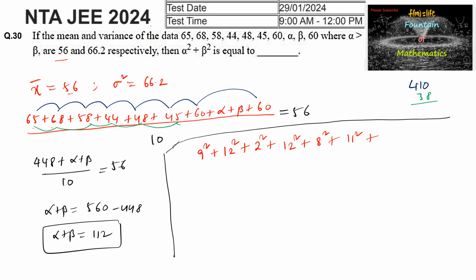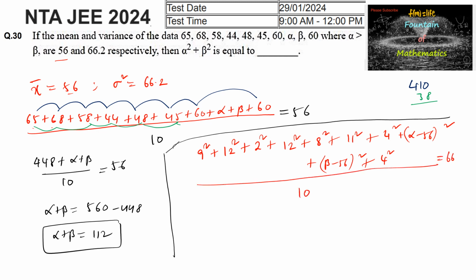and 56 and 60 difference will be 4 square, and here alpha minus 56 whole square plus beta minus 56 whole square, and the difference between 56 and 60 is again 4 square, upon the total number, is equal to 66.2.